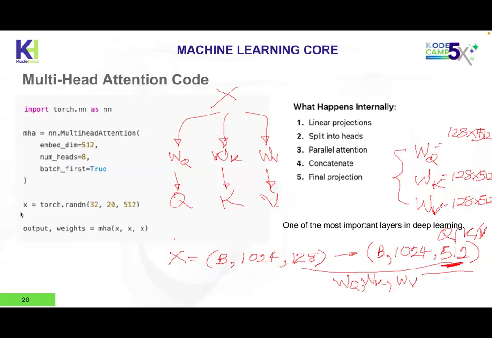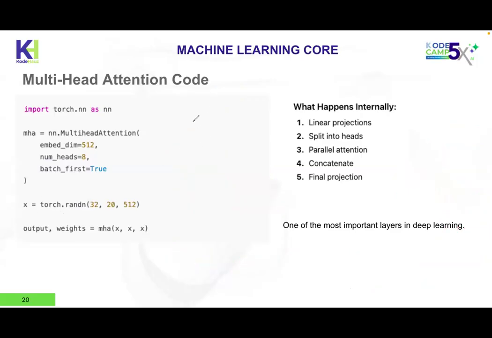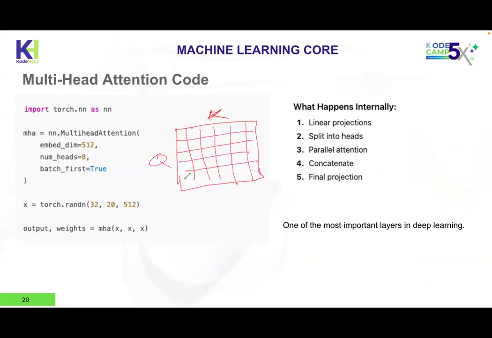Then after projecting, the next part is you now do the attention. In the attention bit, you take the K on this side and you take the Q. Because this is a matrix, you are going to create a dot product, the Q dot K transpose.